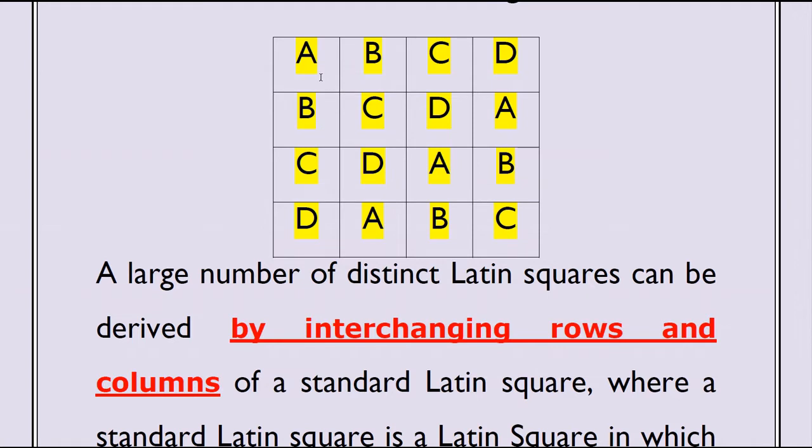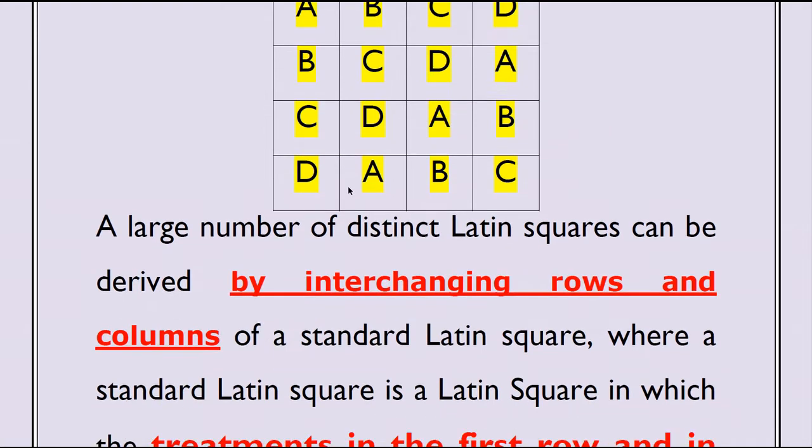So as you can see, the first row is in alphabetic order and the first column is in alphabetic order. This is the condition for a standard Latin square design, that the first row and first column are in alphabetic order. Now a large number of distinct Latin square designs can be derived by interchanging rows and columns of a standard Latin square design. This is a standard Latin square design for 4 treatments.